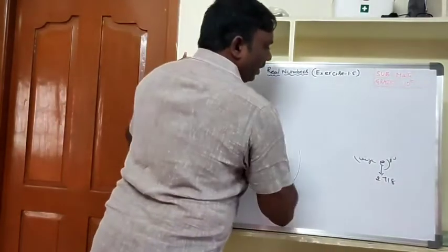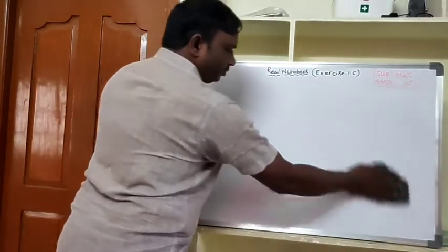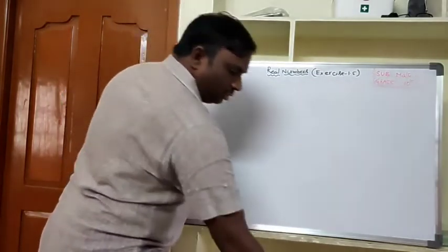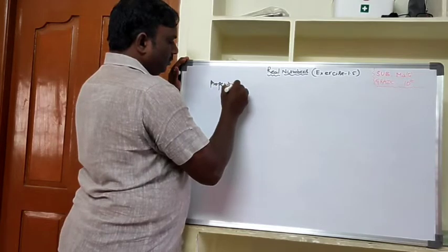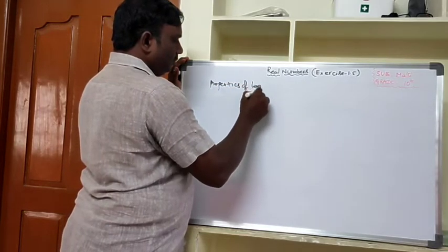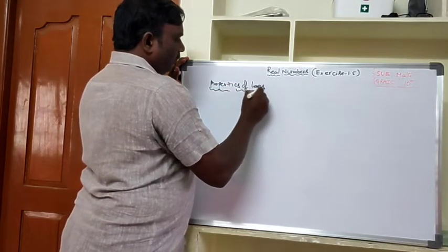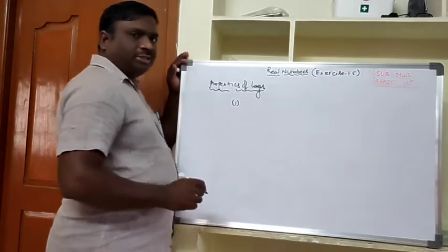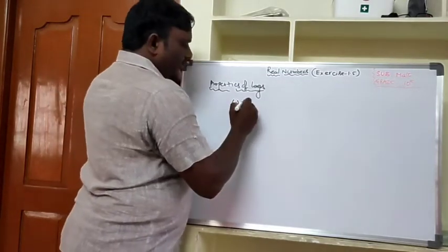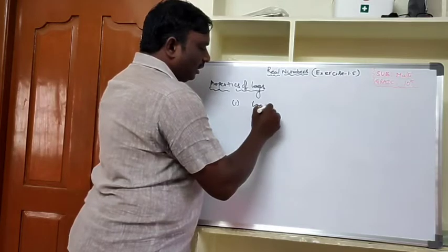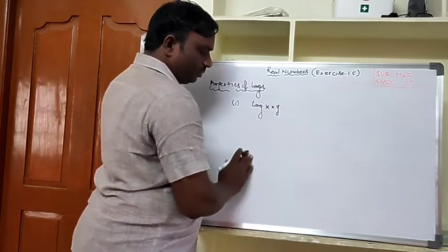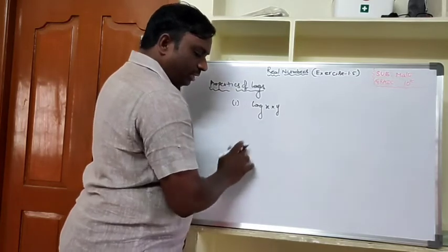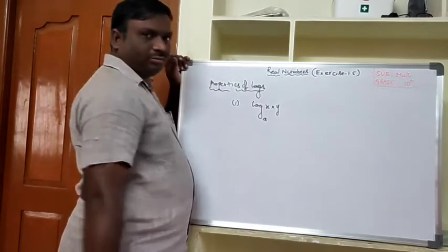So, properties of logarithms. What are the properties? First one is the product rule. Product rule is log of x into y, base A I am taking.